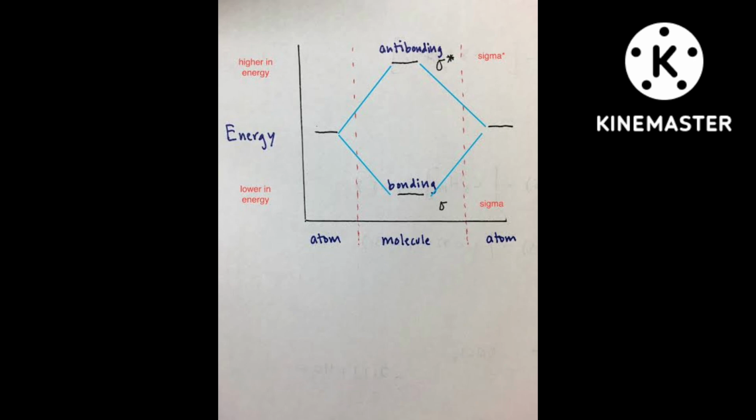Therefore, a bonding molecular orbital always possesses lower energy than either of the atomic orbitals, means parent orbitals, that have combined to form it.